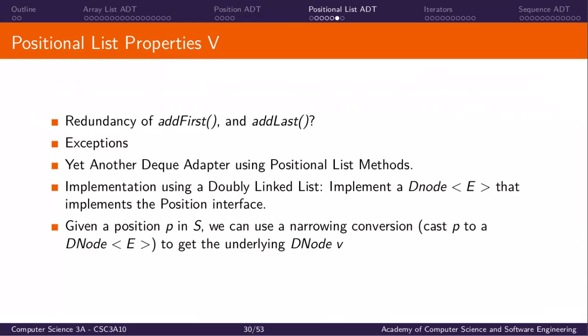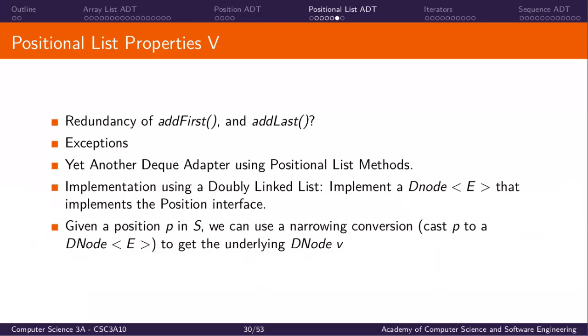So our stack, our queue, our double-ended queue. If we have a single implementation of our positional list, then we can implement any of those.